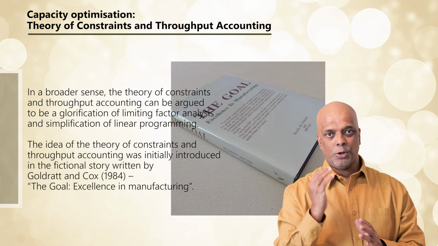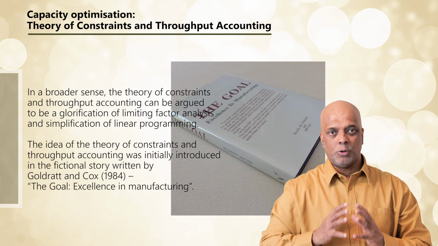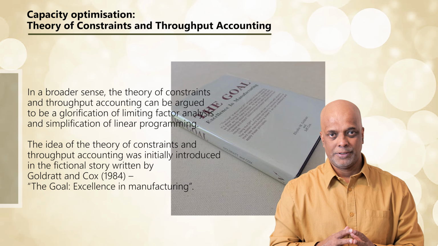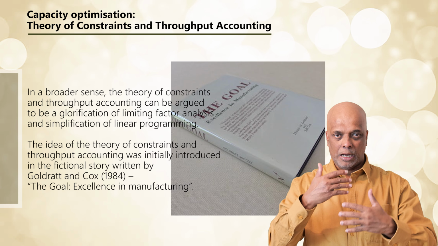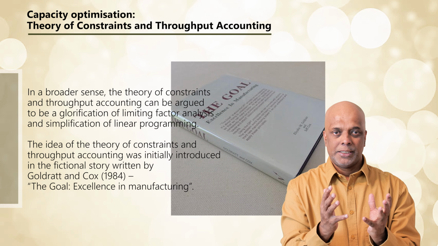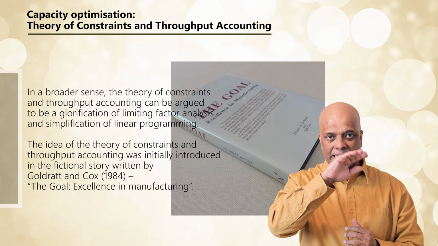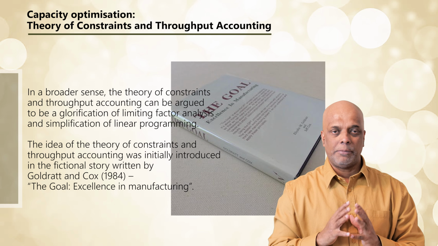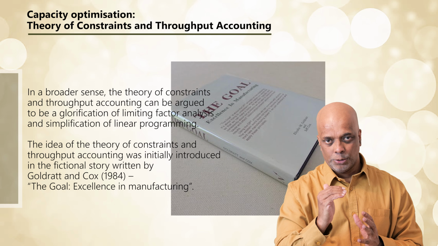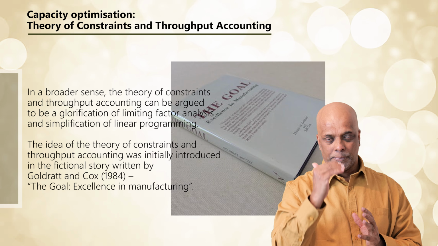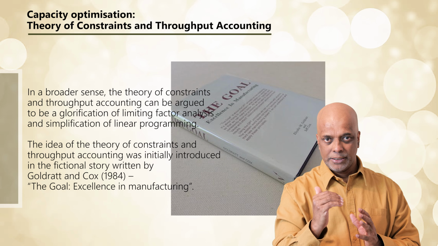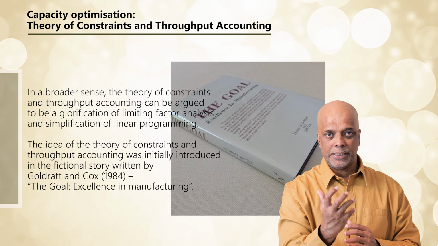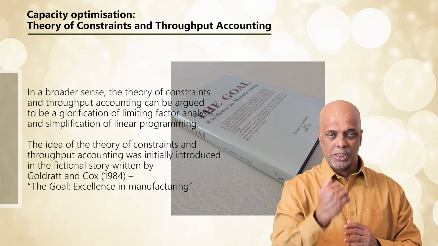So he calls upon one of his good friends, a university professor, to help him. And this university professor provides a particular activity cycle or analytical cycle through which capacity can be optimized.